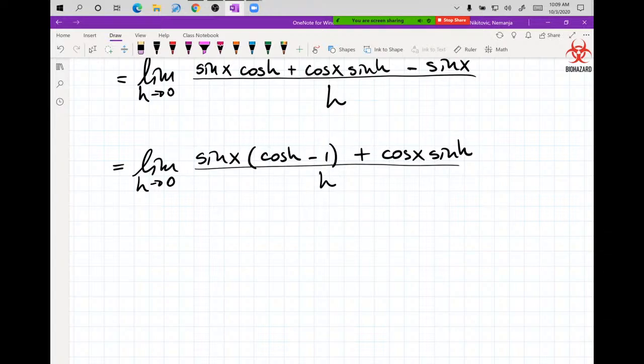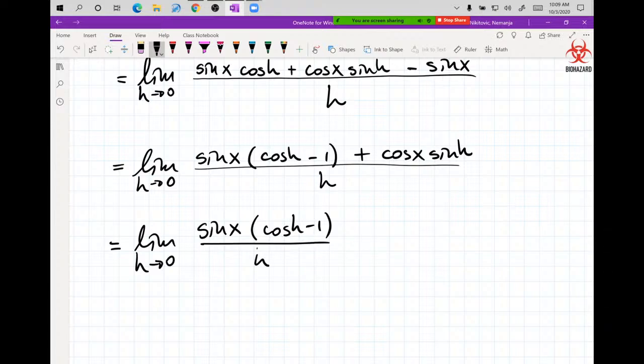There was a limit law that says if you have addition of two functions, you can give the limit to each one independently. So we have the limit as h goes to 0 of sine x cosine h minus 1 over h, plus the limit as h goes to 0 of cosine x sine h over h.